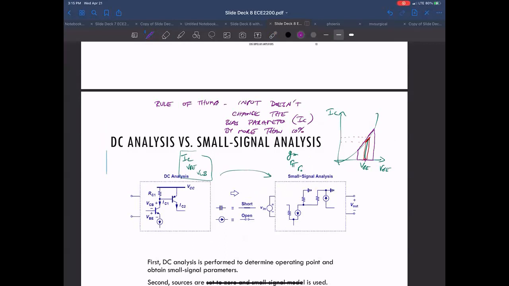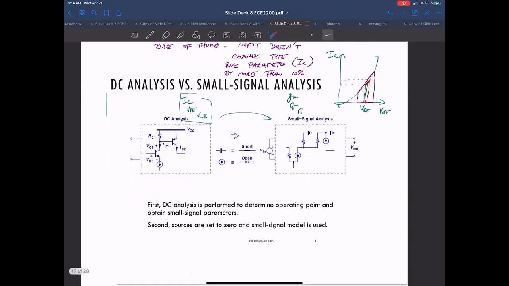So this is a way to say that for the small signal analysis approach to work, we're counting on linearizing these devices, whose performance is exponential, with linear circuit elements. And that only works when the biasing doesn't change very much.